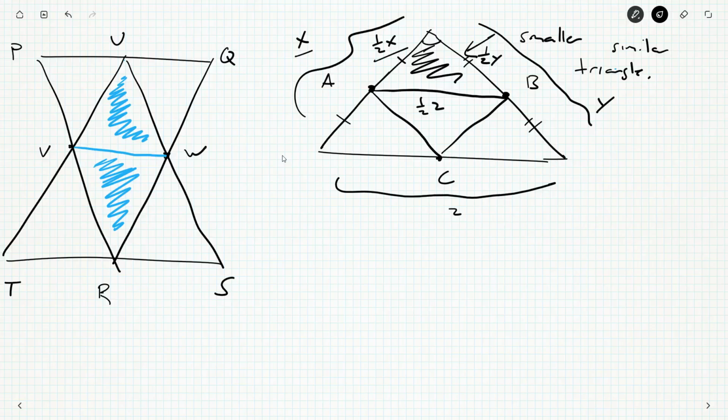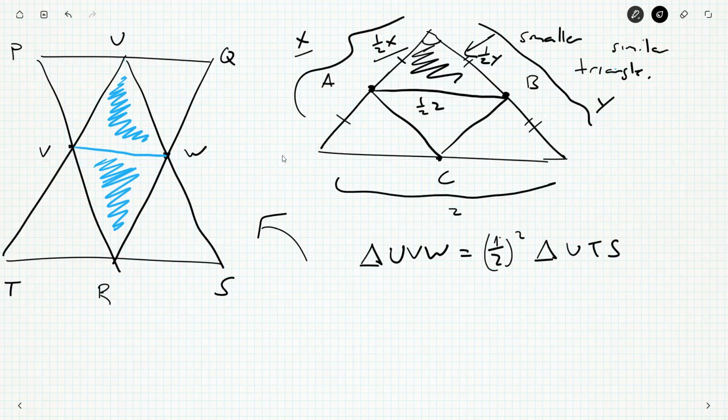So, for our picture here, triangle UVW has an area of 1/4. Why 1/4? Because the side lengths of UVW are 1/2 the side lengths of UST, or UTS, and area squares. It's a very nice little geometric property.